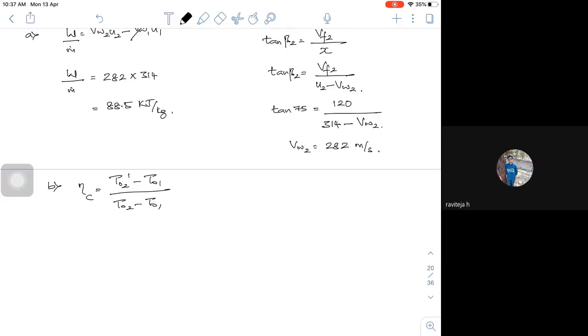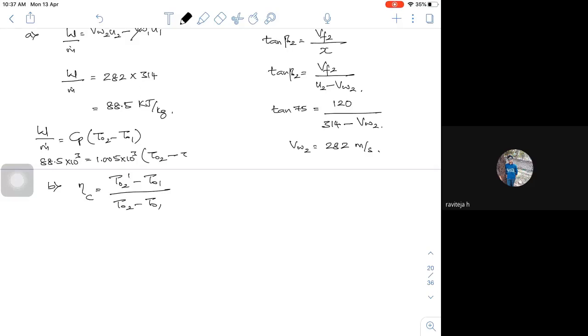I have the expression W by M is also equal to Cp into (T02 minus T01). So 88.5 into 10 to the power of 3 is equal to 1.005 into 10 to the power of 3 into (T02 minus 300).